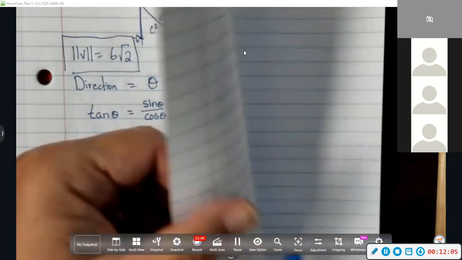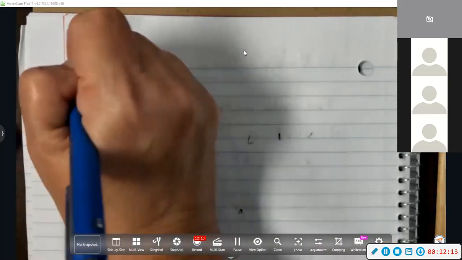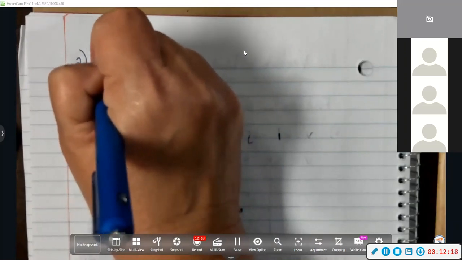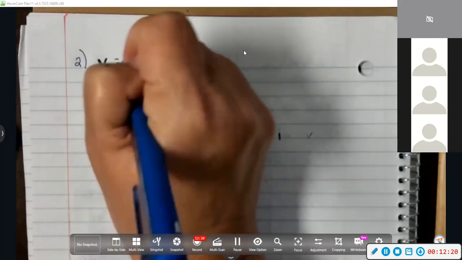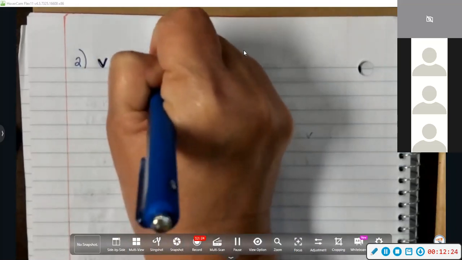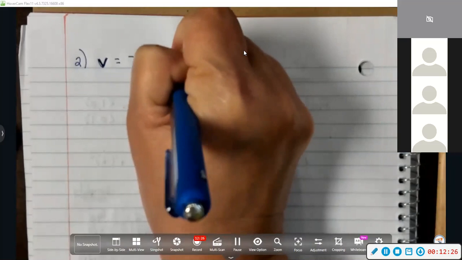All right, let's do another. Same type of problem, find the direction and the magnitude. This time we're going to have vector v equal to -7i minus 4j.